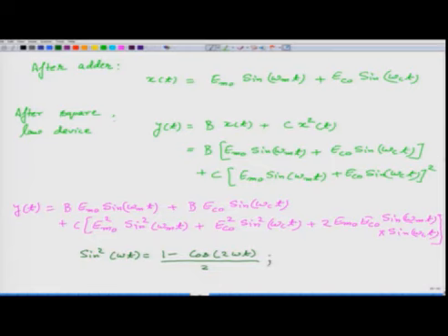The second substitution that we are going to use is sine x sine y is equal to half of cos of x minus y, with a negative sign, and plus cos of x plus y. We are going to use these two substitutions to simplify y(t). Let us see what we get.